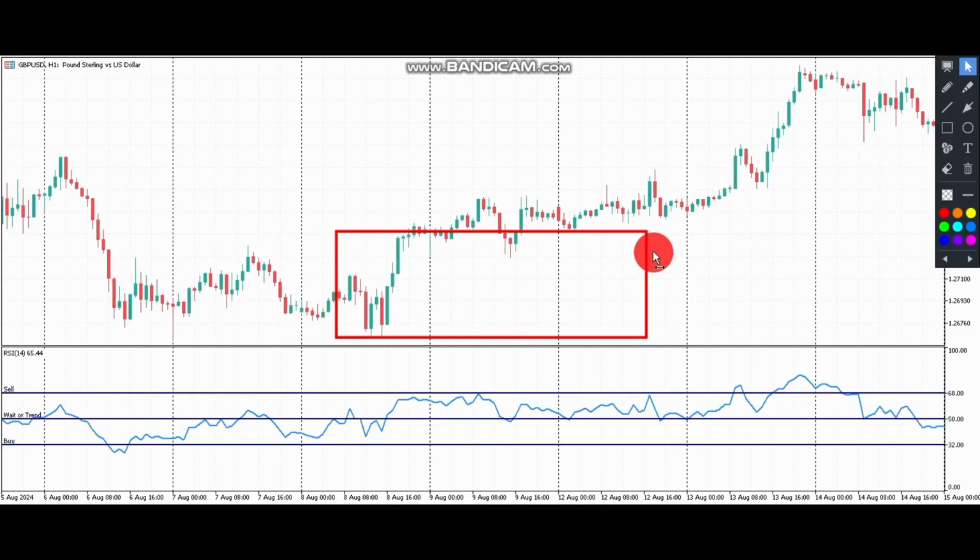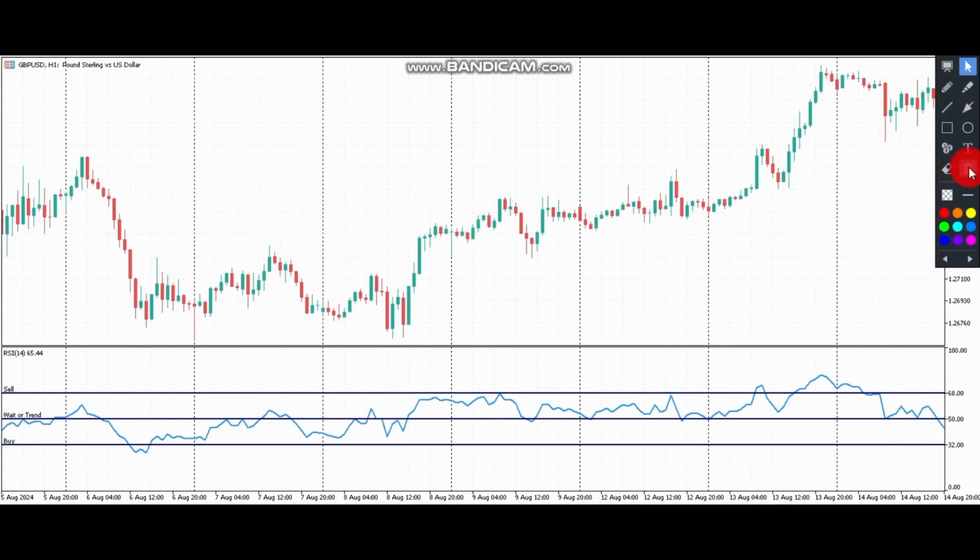So the next step is for you to be able to select assets in harmony with the trend. When we talk about trend, like I said, we're talking about either an uptrend or a downtrend. So you need to select assets that are in harmony with the trend and trade in the same direction as the trend.